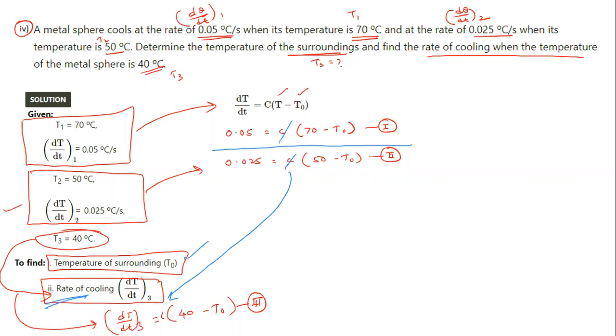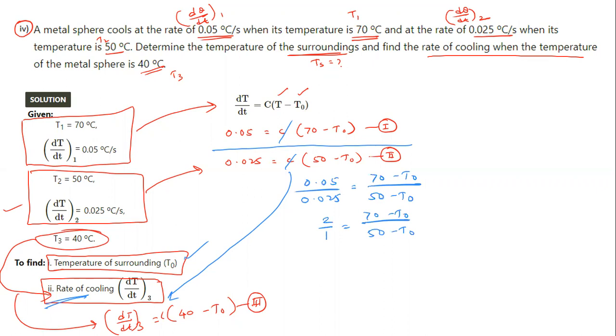So 0.05 divided by 0.025 is equal to 70 minus T0 divided by 50 minus T0. 50 by 25 means 2 by 1 is equal to 70 minus T0 divided by 50 minus T0. We do the cross multiplication.